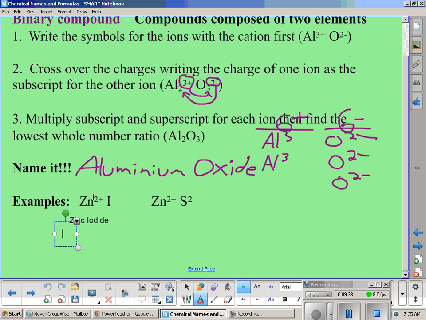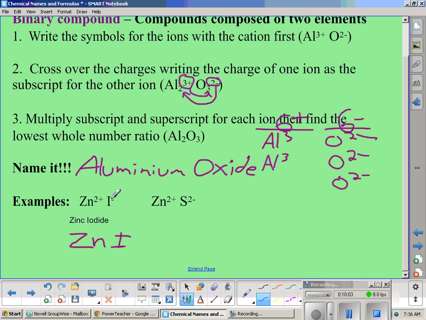Okay, so the charge on zinc is 2, which tells us that we can take this and move it over to here. So we have zinc and we have iodide. The charge on zinc is 2 positive, so to balance that with this iodide, which is just one.